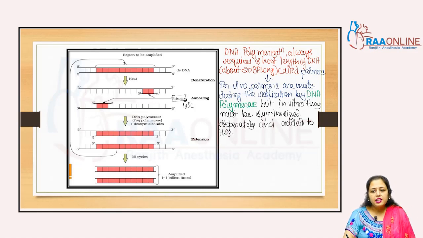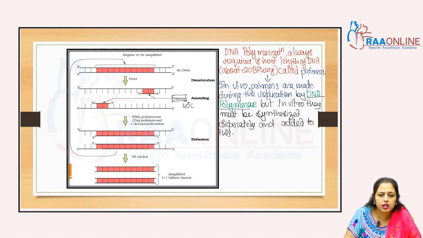Then what will happen is that DNA polymerase can now extend the primers. It is a different type of DNA polymerase here, a specific DNA polymerase is used, that is Thermus aquaticus. That's why it is also known as the Taq polymerase. So it now extends the primers and completes the replication of the rest of the DNA.